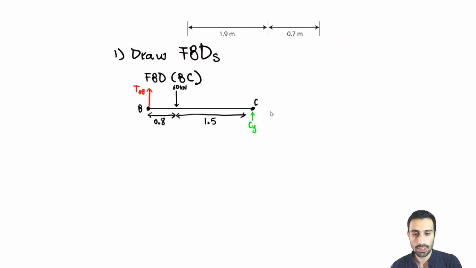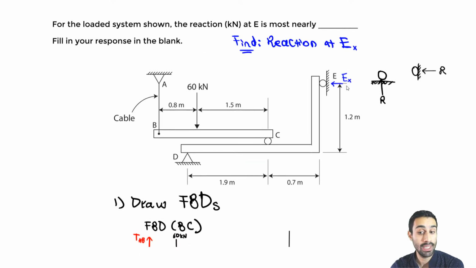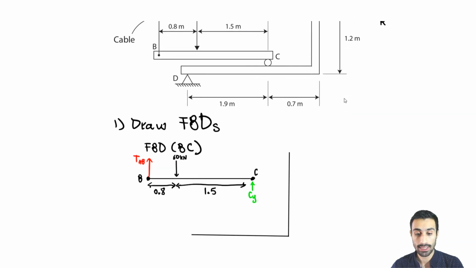It would look something like this. So we know that at E here, we said it has to be that horizontal reaction in the X. I'm just going to put that like this, and we will call it EX. It goes to the left. So that's what we want to find. This is the big question, right?